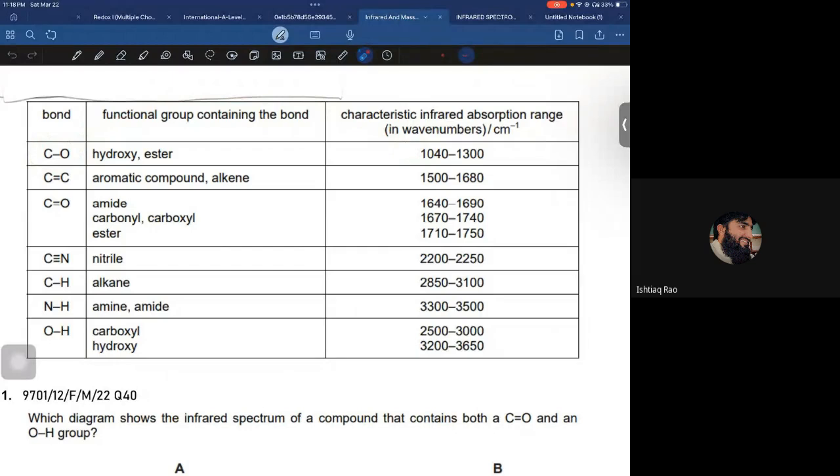Covalent bond जितने भी होते हैं, they are going to vibrate at a fixed position. Vibrating के we have different modes. मैं अभी बताता हूँ आपको how many modes we have.